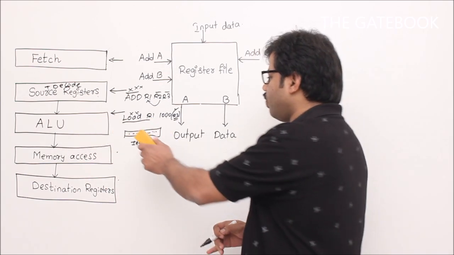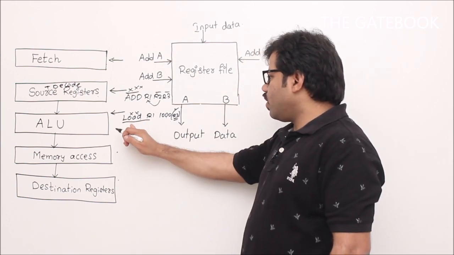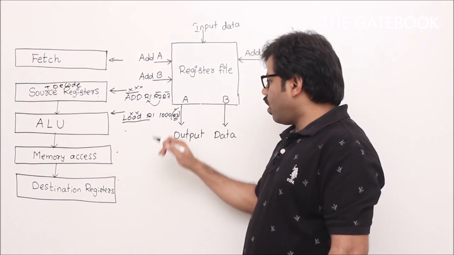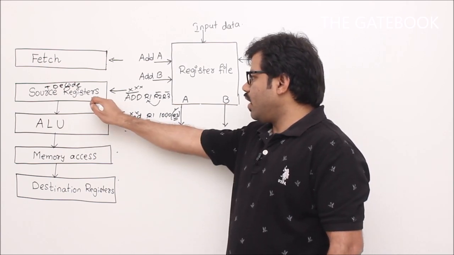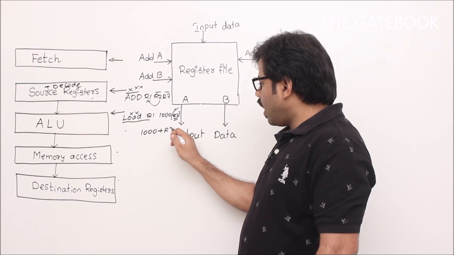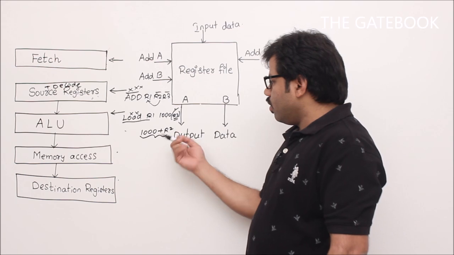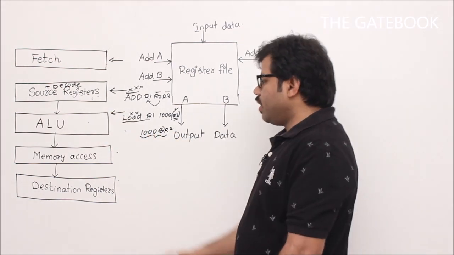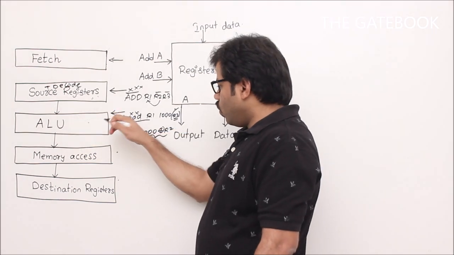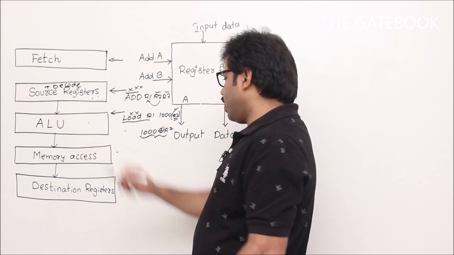You know the meaning of load R1, 1000 of R2, right? That means 1000 plus the content of R2. We already have the register R2 value, and we add them, 1000 plus R2, and this addition is done in the ALU. So for a load instruction also, the ALU is required, correct? So 1000 plus R2 will be calculated.